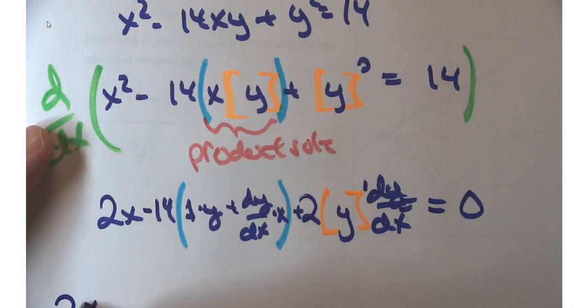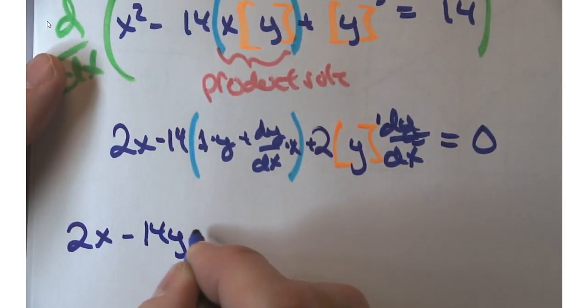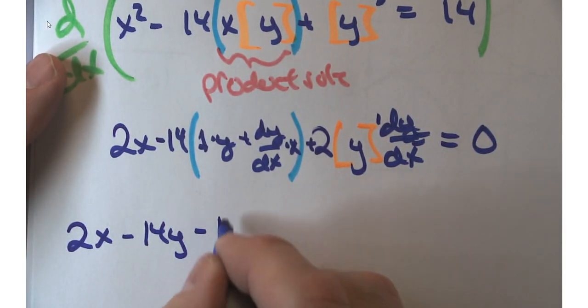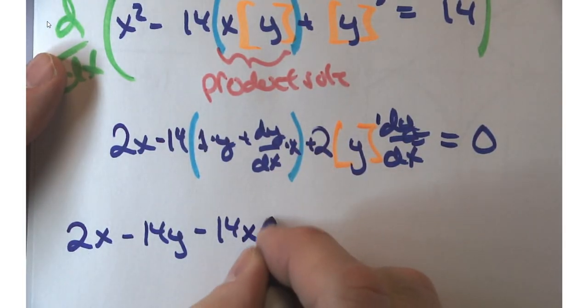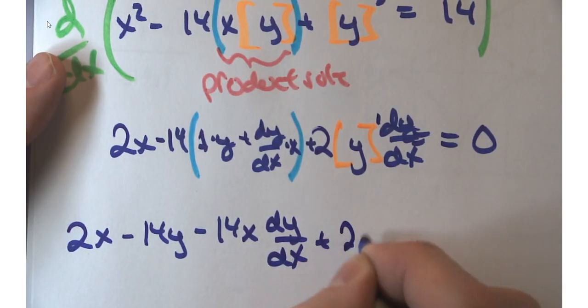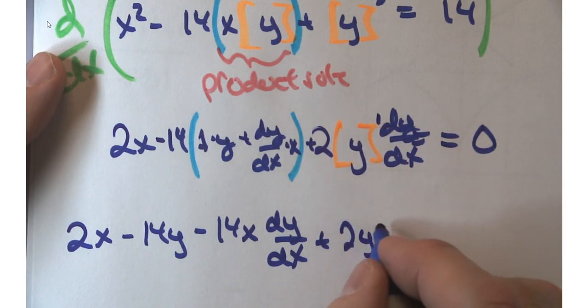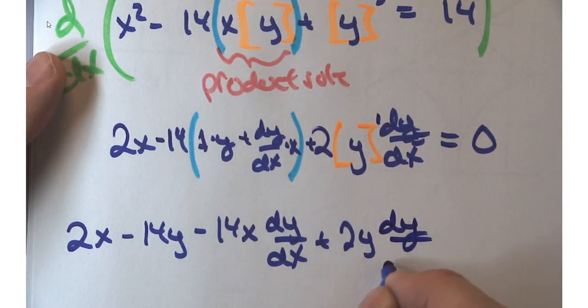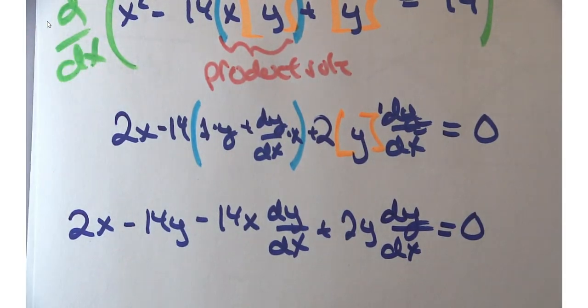That's going to be 2x minus 14y minus 14x times dy by dx, plus 2y, and that's to the first power, so I don't need to write that anymore. I'll just get rid of that, equals 0. So that's my derivative.